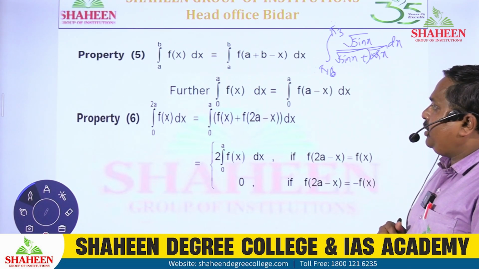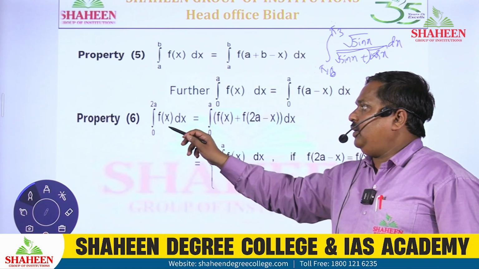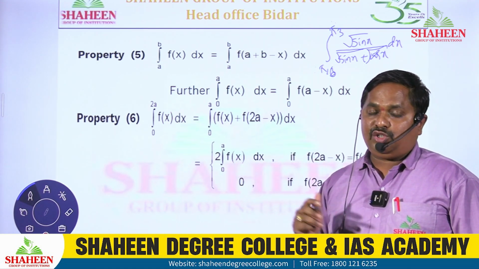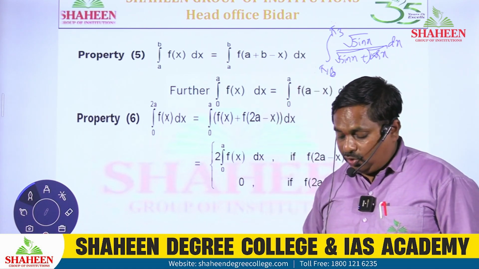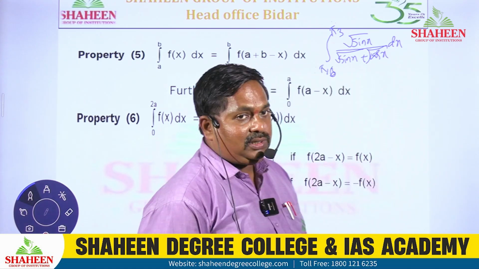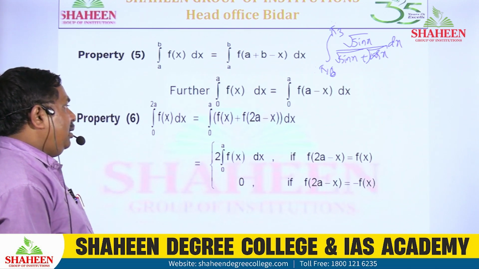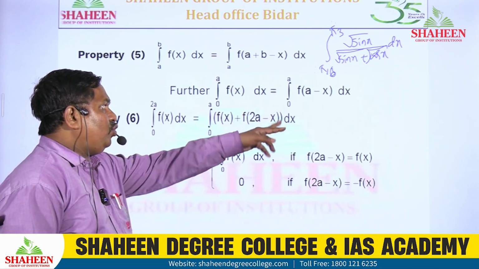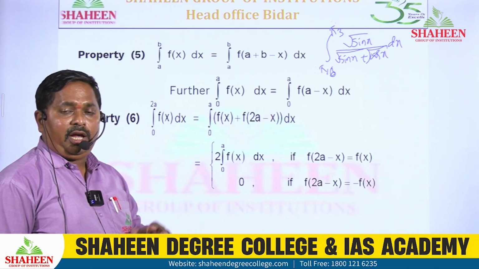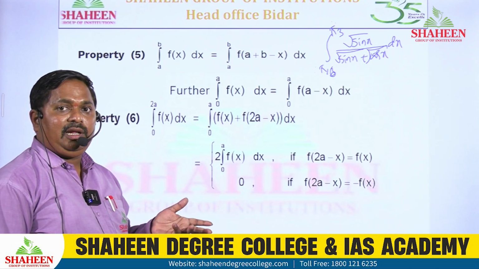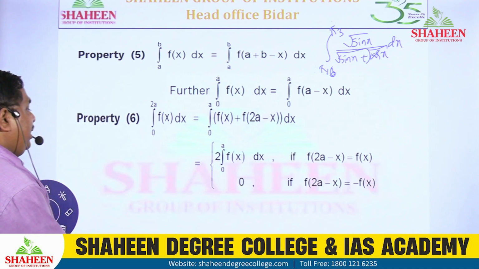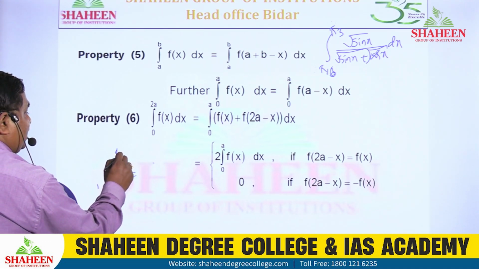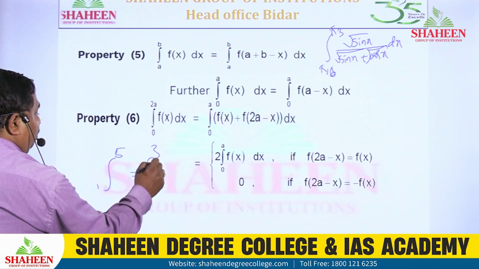Next, property number 6. Here we have the integration from 0 to 2a of f of x dx. It can be written as the integral of f of x plus f of 2a minus x dx. You know that the integration from 1 to 5 dx can be split as 1 to 3 plus 3 to 5.